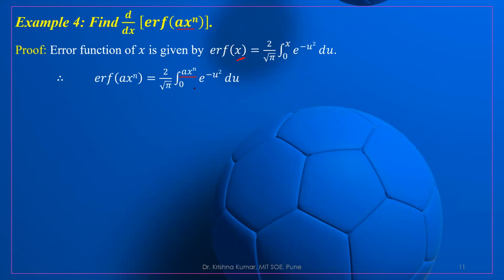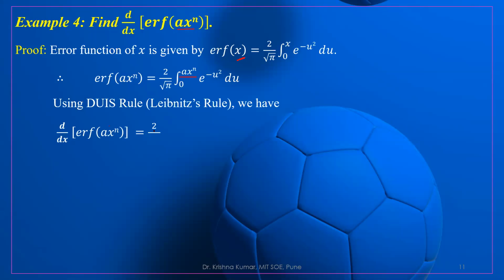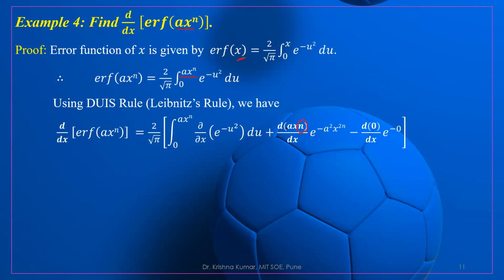And if we differentiate it, we again use the DUIS rule number 2, which is the Leibniz rule. So d dx of error function of a x to the power n is equal to 2 upon root pi, integral from 0 to a x to the power n of the partial derivative of e to the power minus u square du, plus the total derivative of the upper limit times the value of the function at the upper limit, minus the total derivative of the lower limit times the value of the function at the lower limit.